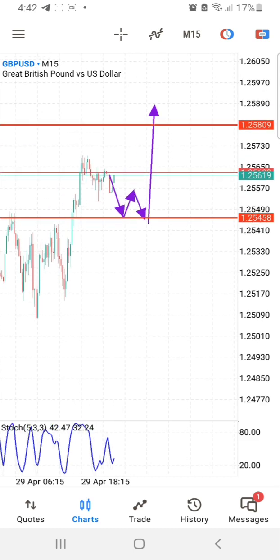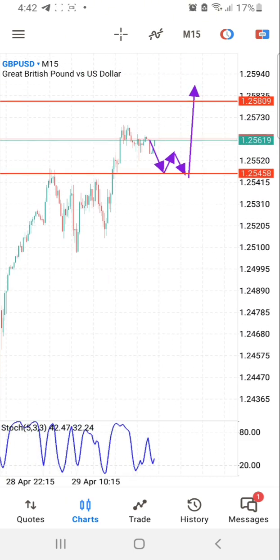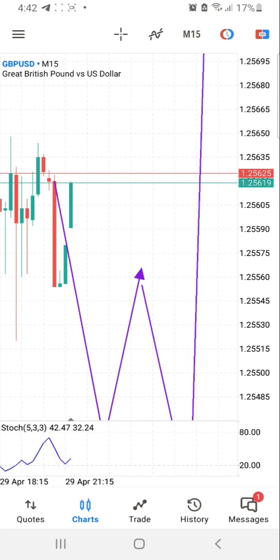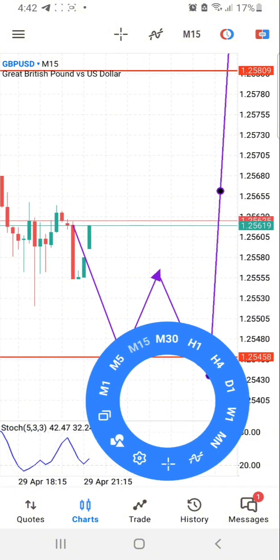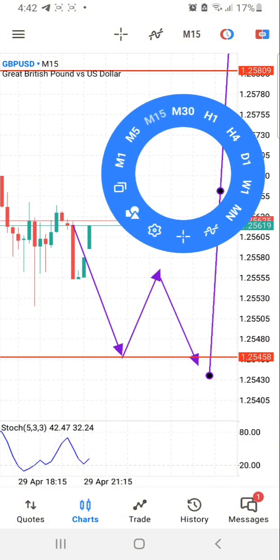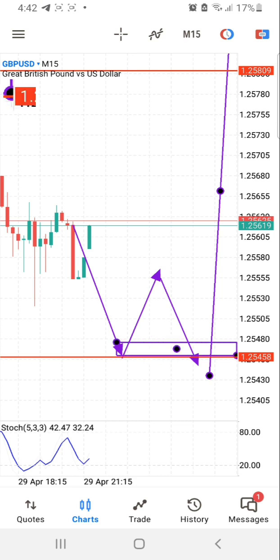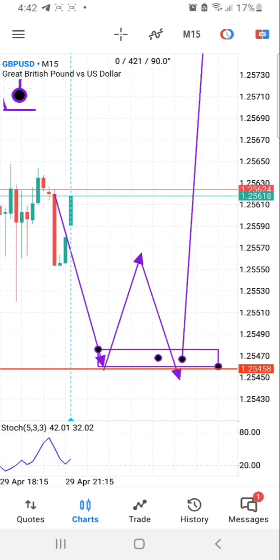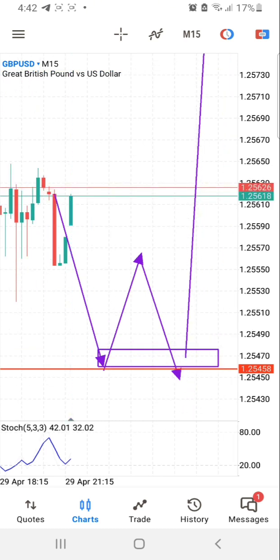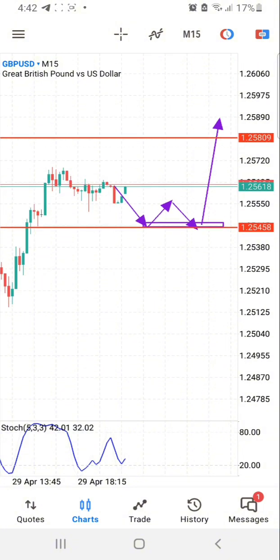Once you give me that, where should I put stops? When this happens and I get a divergence, the very first thing that should happen is the market should respect here. Wicks can break below, but the body of the candle should not break below.